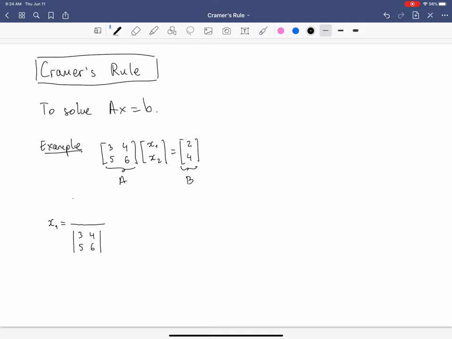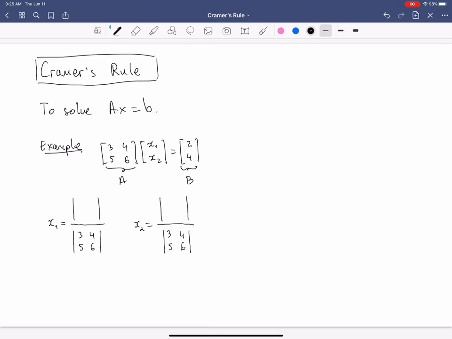And I'll have a different determinant on top. And x2 will also be in that form. So there will be a determinant on top and in the denominator is the determinant of A. Okay, so far so good, I hope.